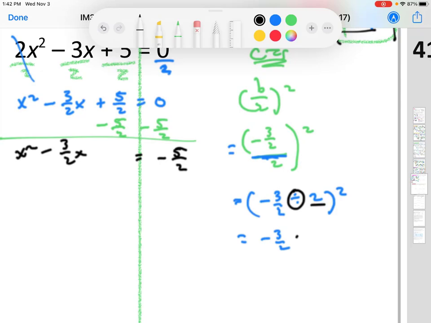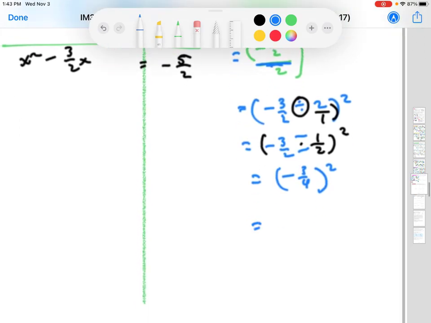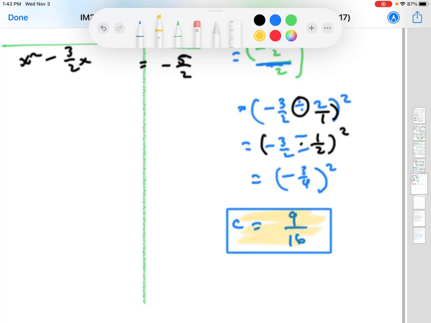This will turn into multiplication and take the reciprocal. Multiply across, negative 3 fourths. And square each of the numbers. Negative times negative is positive, so 9 over 16 would be our answer. Goes on each side of our equation.